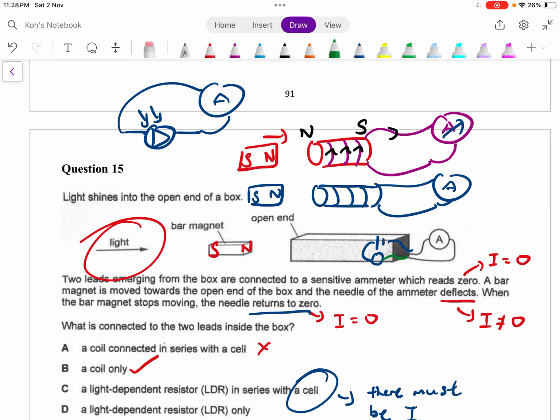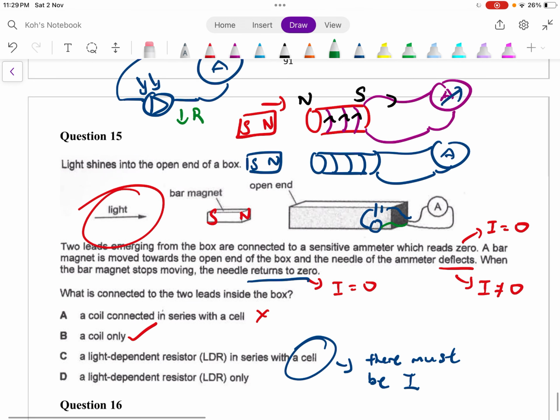There shouldn't be any current at all, even though the magnet moves or there's light shining on it. Because when light shines on it, it just decreases the resistance. You can decrease or increase the resistance, but there's no current supply. So if you connect an LDR inside the box, the current will always be equal to 0. So it cannot be D as well.